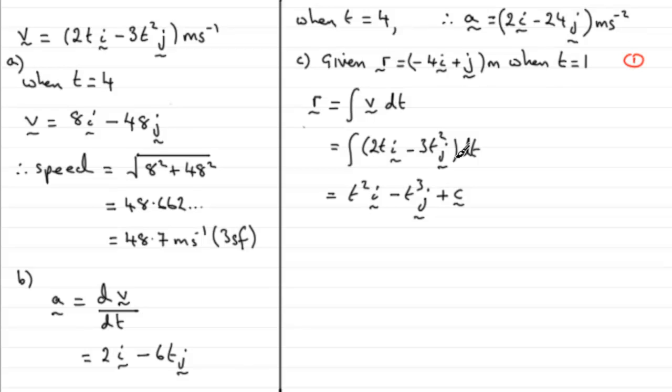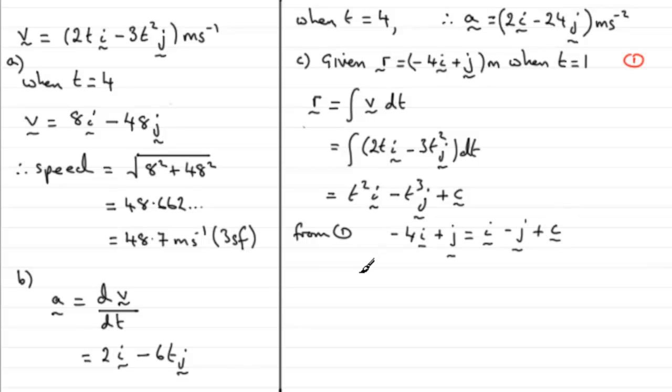So if we use that, we can say that from 1, if we substitute for r, we've got minus 4i plus j. That's going to equal the result we get when we put t equals 1 into here. So we've got 1i minus 1j. In other words, we've got i minus j, and then plus that constant c.